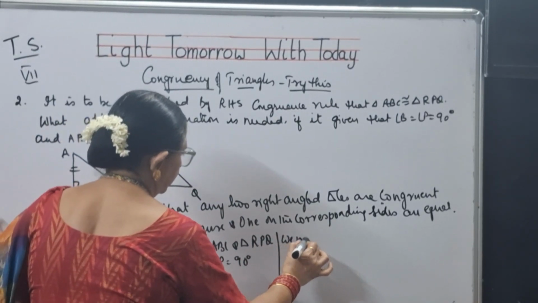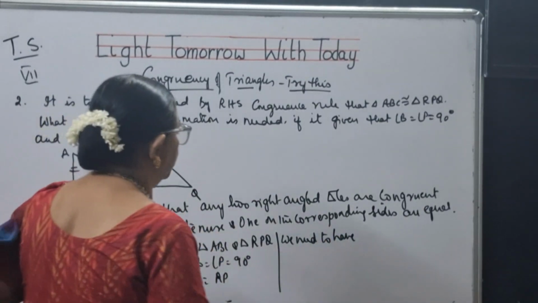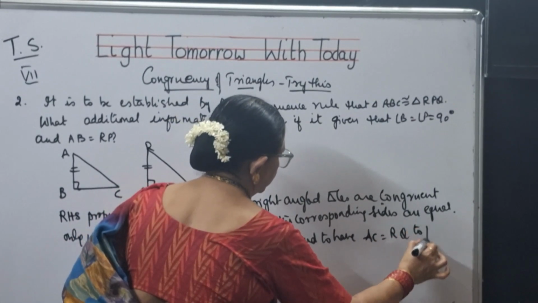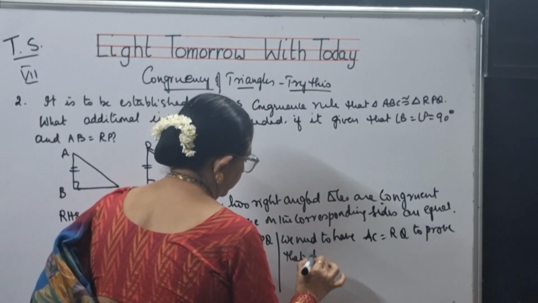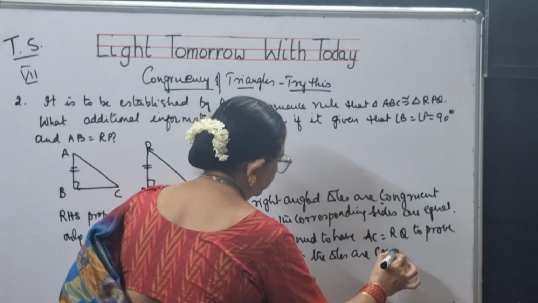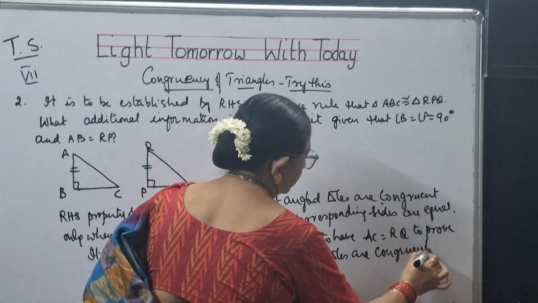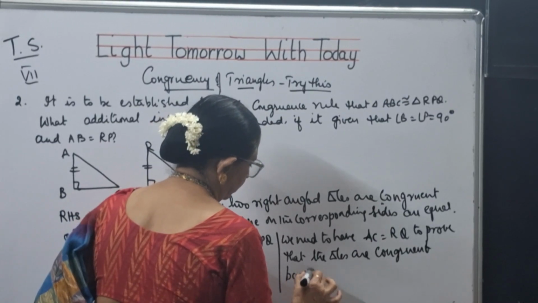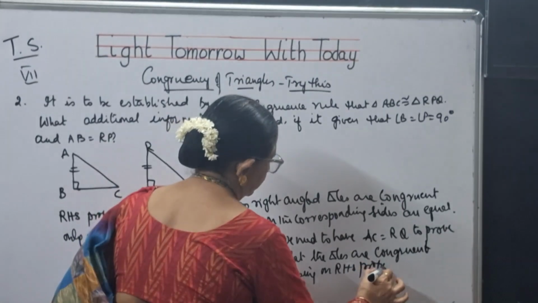We need to have AC is equal to RQ. AC is equal to RQ to prove that the triangles are congruent basing on RHS property.